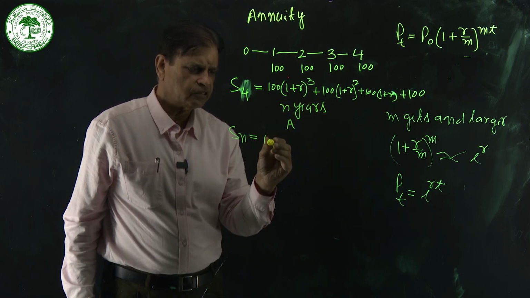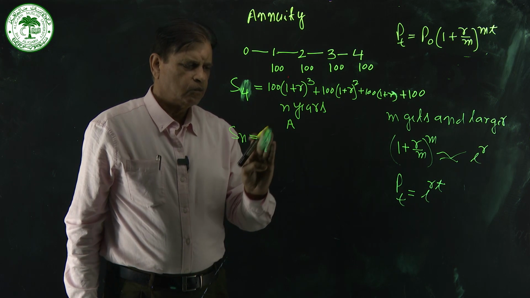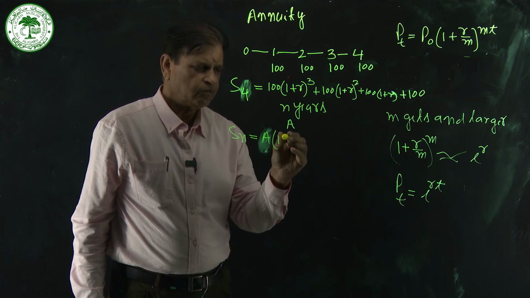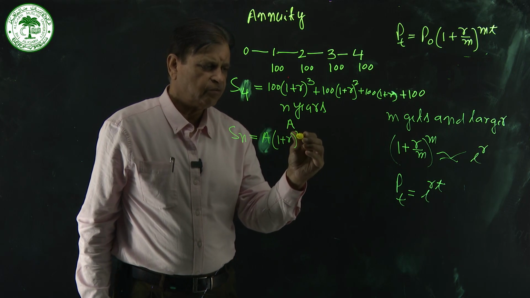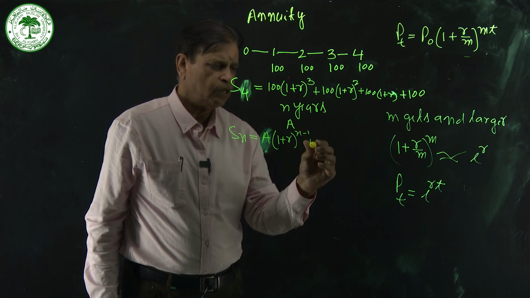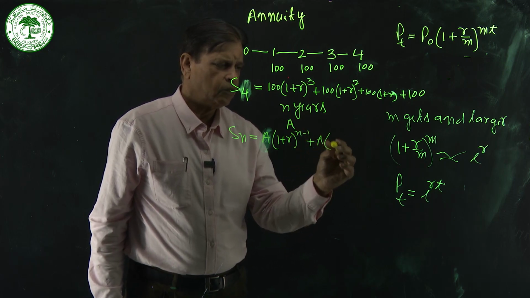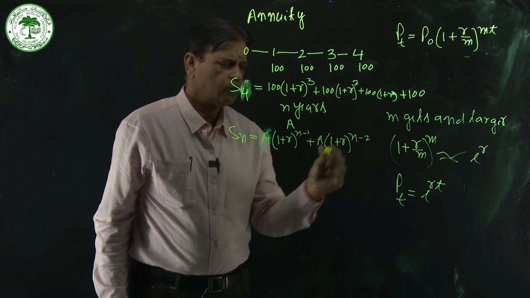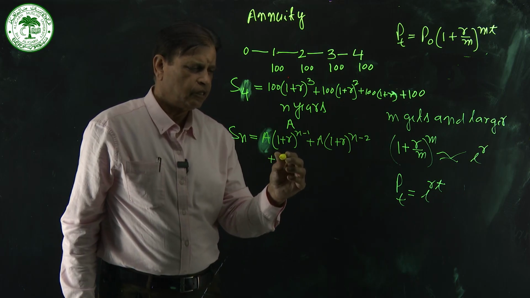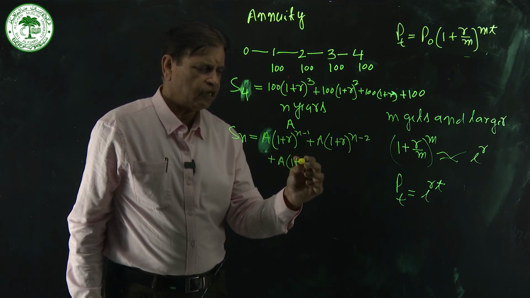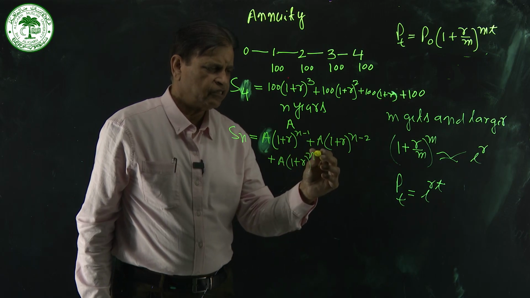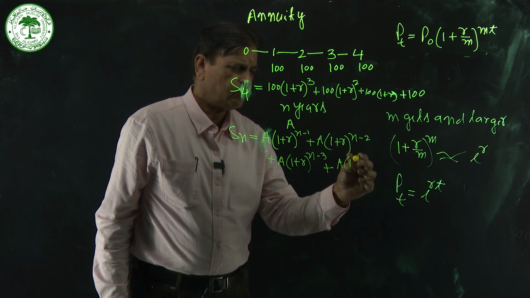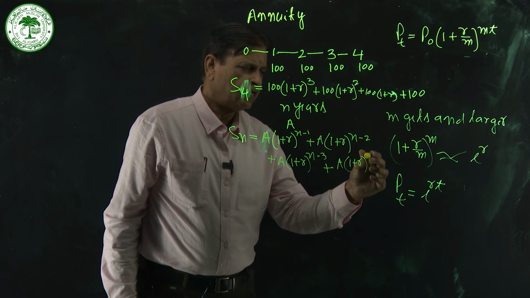So we'll start with this. Here A amount is being deposited, so we'll write A(1 plus R) to the power n minus 1, plus A(1 plus R) to the power n minus 2, plus A(1 plus R) to the power n minus 3, plus A(1 plus R) to the power n minus 4.